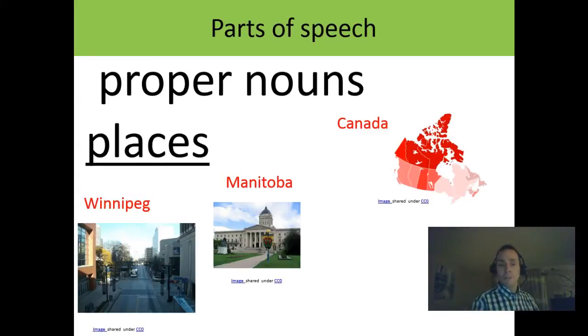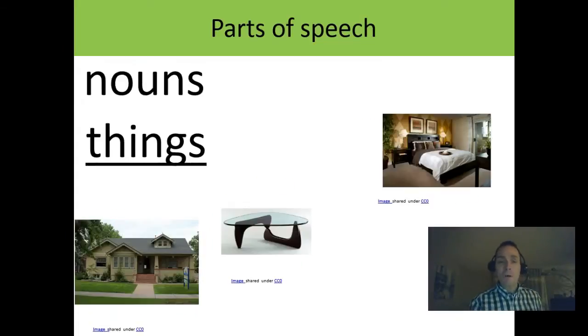So we've talked about people, we've talked about places. Now let's talk about things. For example, a house is a thing, a table is a thing, a bed is a thing, a car, a truck, a mountain, a planet, these are all things, right?